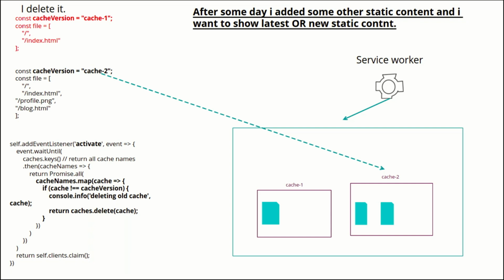And as you can see, in the cache1 memory this is red in color, which means that I deleted it. So in cache1 there is only one file, and that is index.html. But in my new cache, I am giving the new name cache2, and here I put my profile image and some other HTML pages like blog.html.